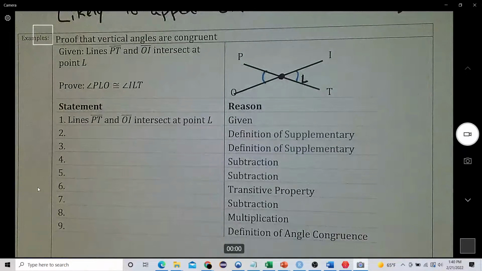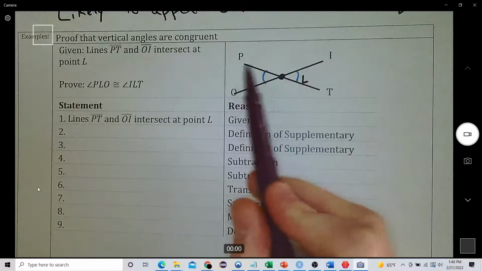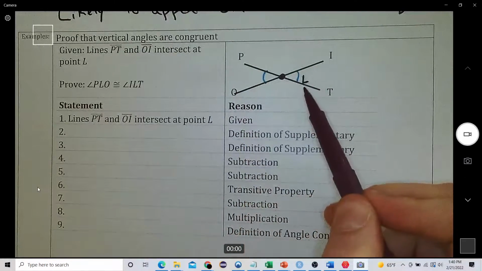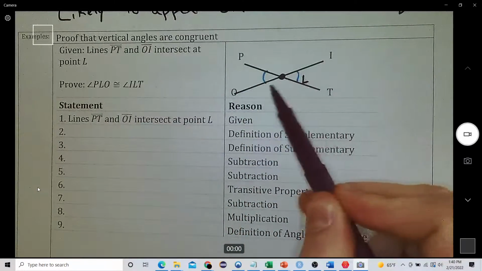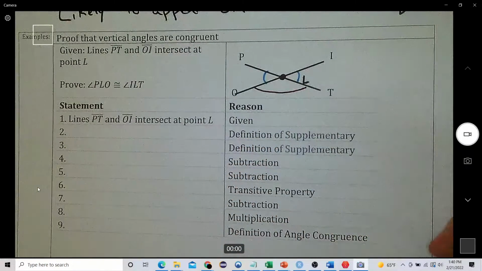So the best way to do that is to find an angle that both this angle here and this angle here share, that are supplementary. So this angle is supplementary to both of those angles.